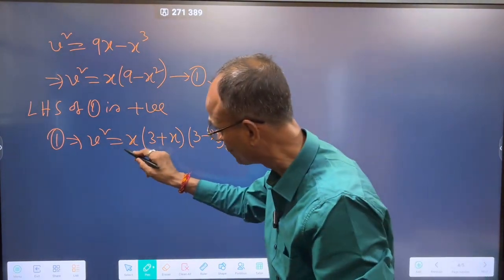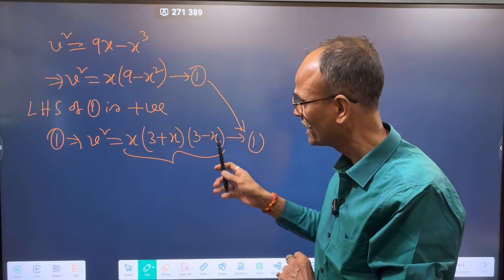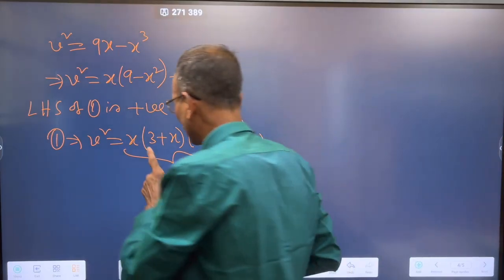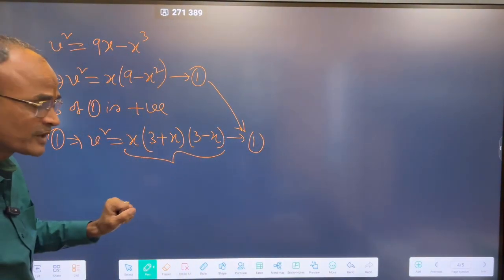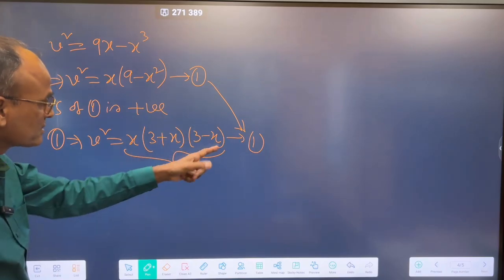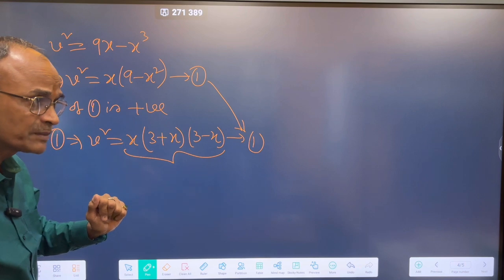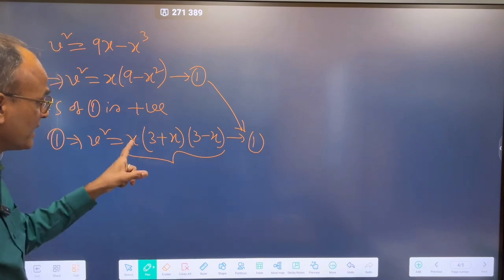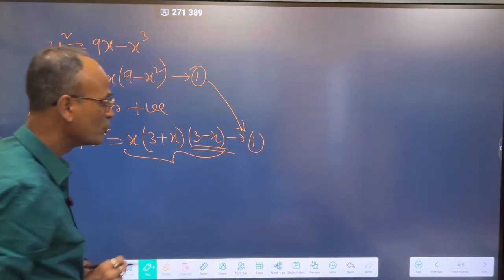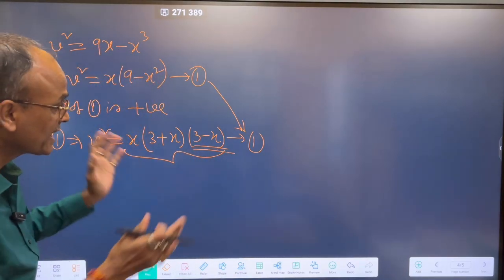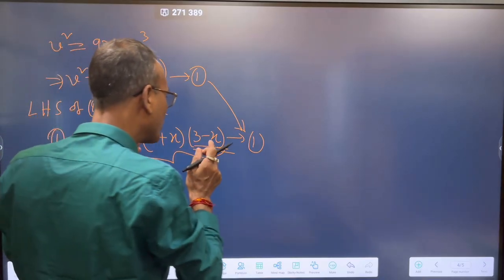When will this be positive? Put 1 in it, and it will be positive. Put 2, this will be positive, this will be positive, and this will also be positive. If you put 4, then this will be positive, but this will be negative, and the product will eventually be negative. Consequently, the product will be negative.